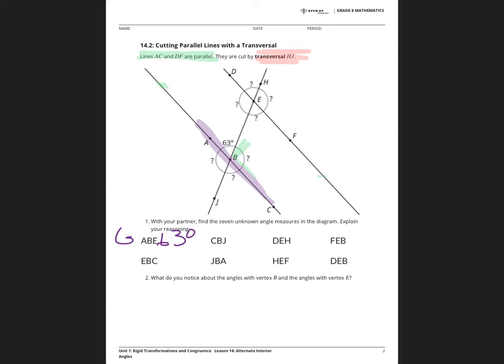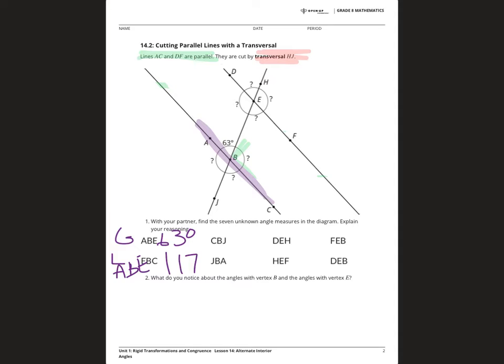So since that's the case, you're going to do 180 minus 63. Okay, so do that in your calculator, 180 minus 63, and you should find that it's 117. And you're going to write that they're on a line with ABE.